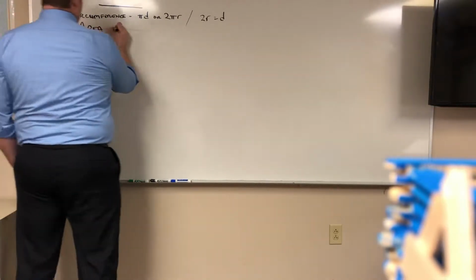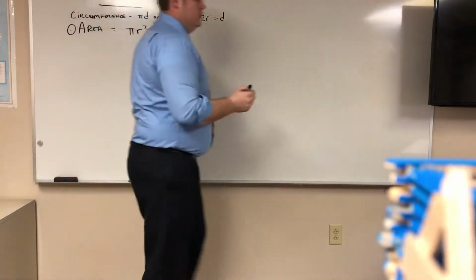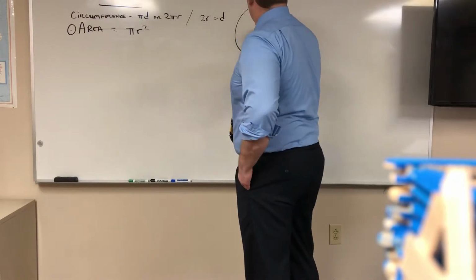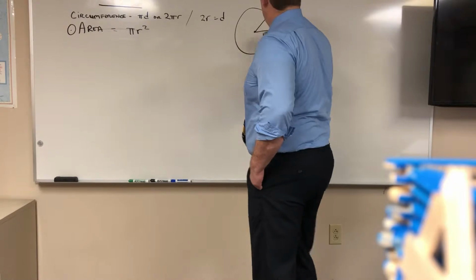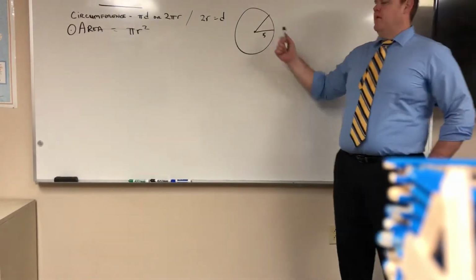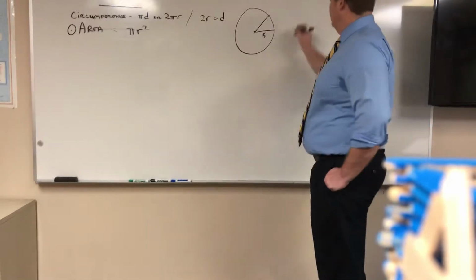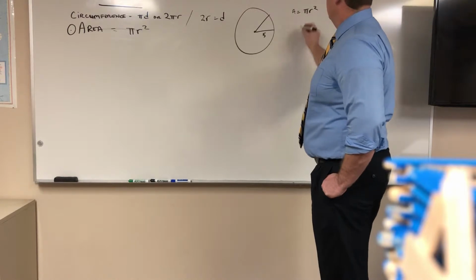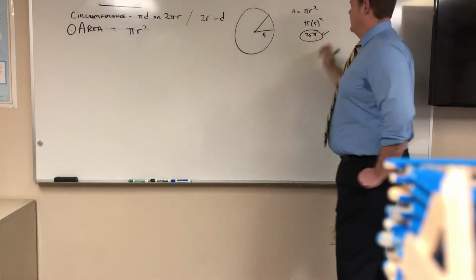The equation you're going to be learning is pi r squared. So if you're doing a problem, let's say that this is my circle, I want the area of this whole area. The radius is 5. So area equation, pi r squared, pi times 5 squared, 25 pi, and that's your answer.